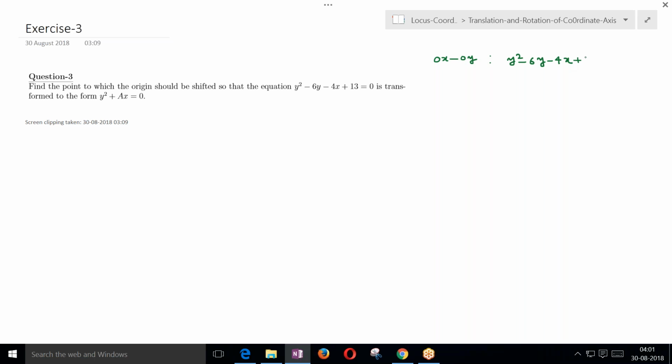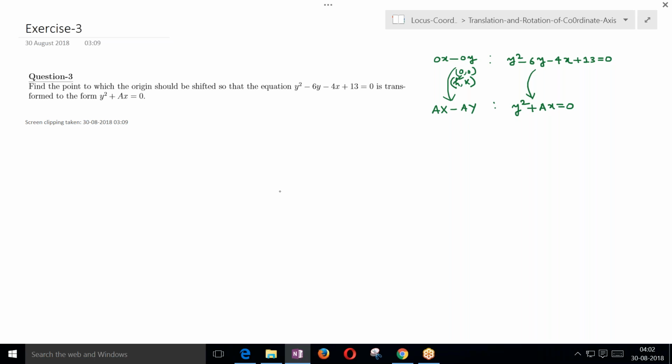When this translation happens, definitely the origin has been shifted. The question is to which point the origin has been shifted. This translation happened when the origin is shifted from (0, 0) to the point (h, k).